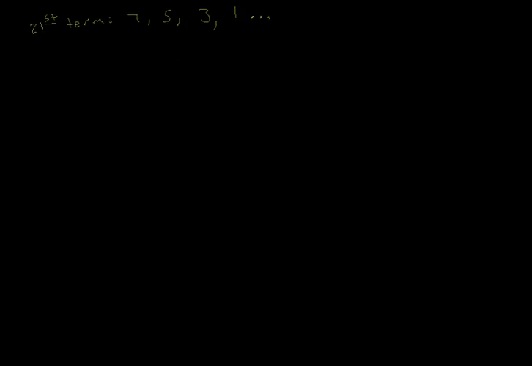One way that I could do this is to find out if this is an arithmetic sequence. To do that, we have to find the pattern and the common difference. 5 minus 7 is -2, 3 minus 5 is -2, and 1 minus 3 is -2.